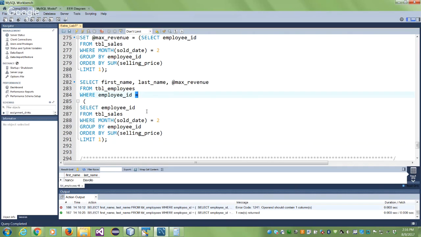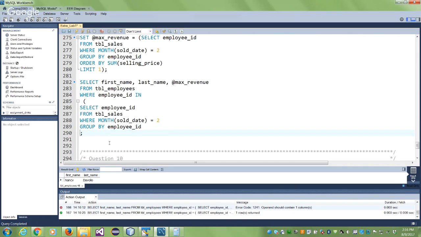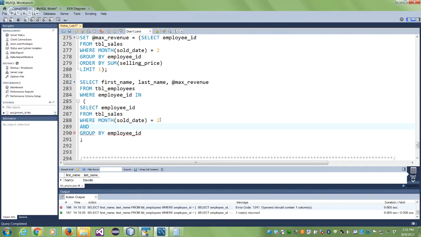Select those employee IDs from that table.